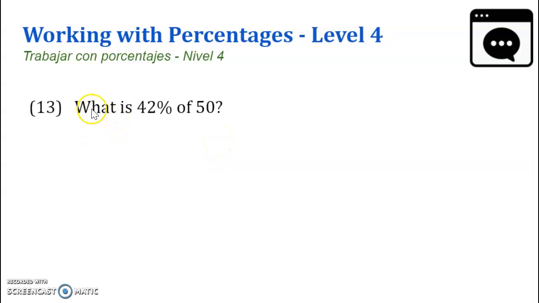If you're trying to figure out what is 42% of 50, notice that 42 is kind of an awkward number. It's kind of in between. While 50 is a very easy number. So how would we do that? Is there a simple way? This is the same as 50% of 42.